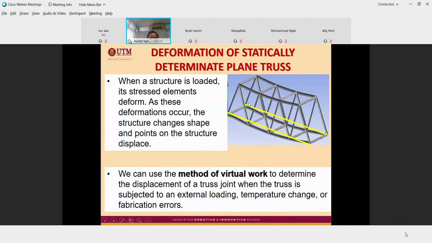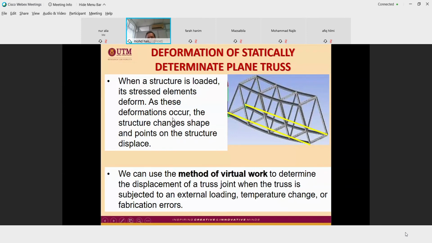When a structure is loaded, its stressed elements deform. When a load is imposed, it will be stressed and it will deform. It will extend or elongate if it is in tension, or it will compress or shorten when it is in compression.